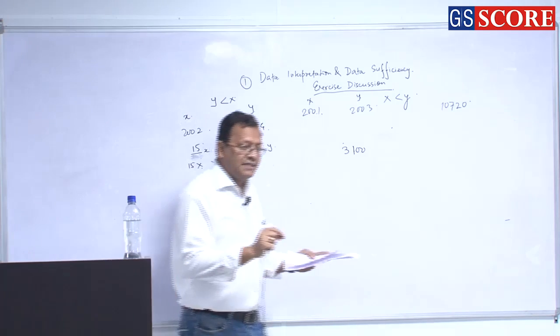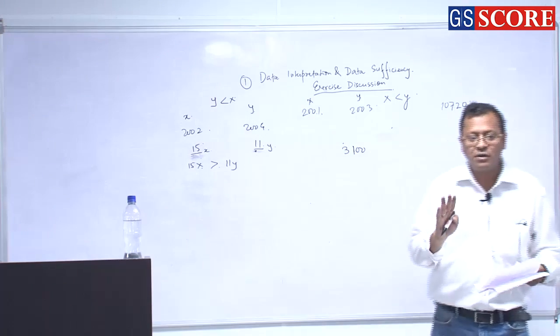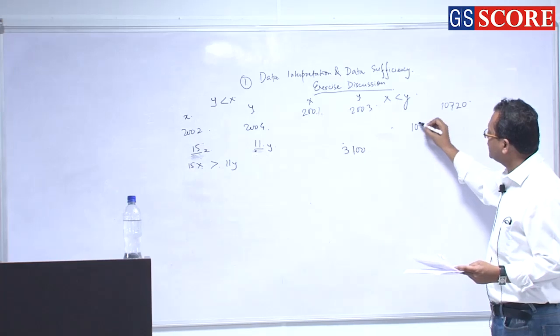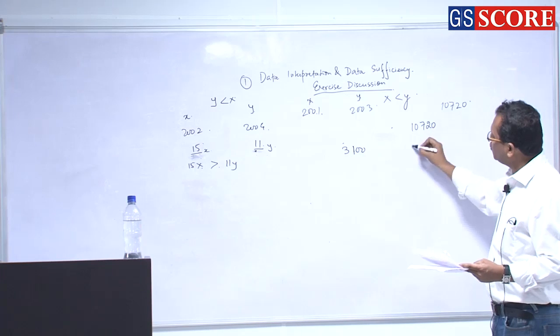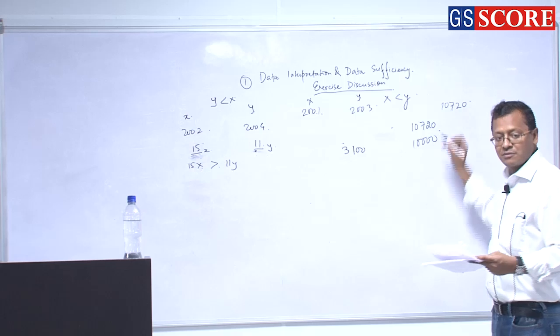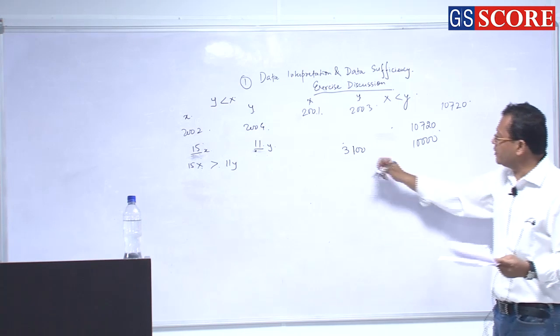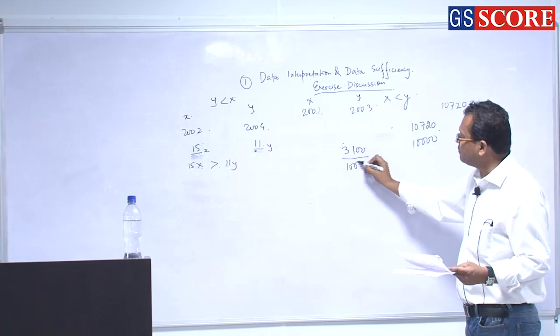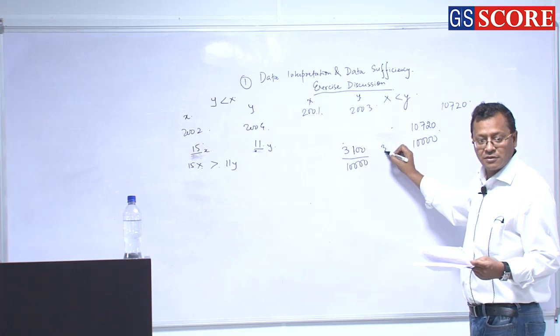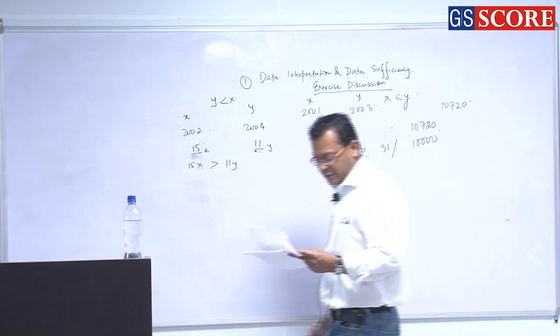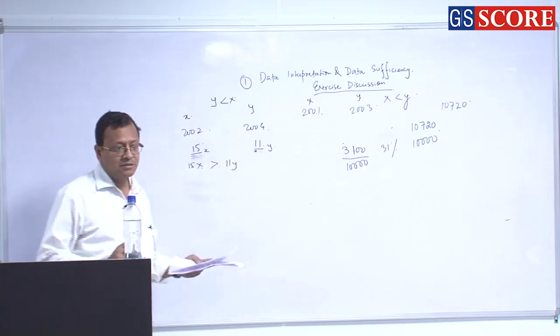The total sales that we have calculated, that we have to calculate a little bit. It comes out to be how much? 10,720. Assume it to be 10,000. You don't have to calculate here. 10,000. So 3100 by 10,000 is nearly 31%. The closest option to 31% is 30.9%.